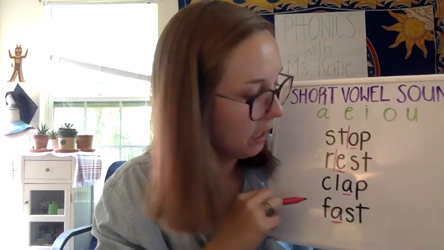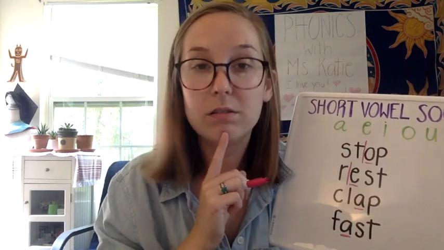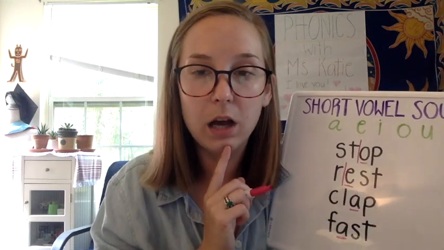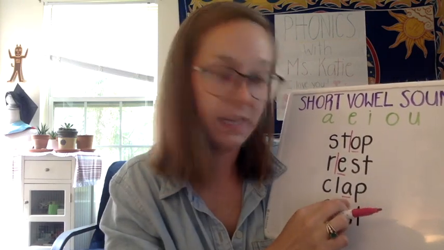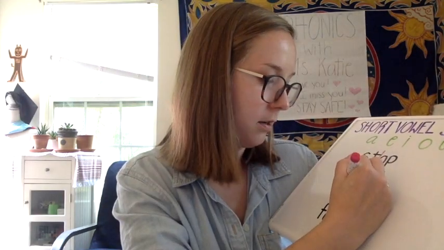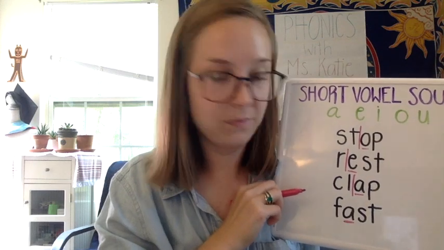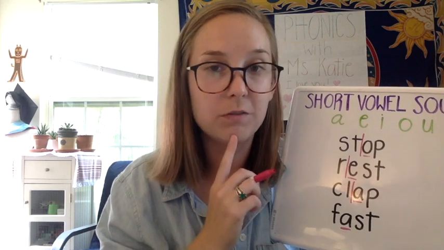Okay? And then down here, clap. We have two letters together that are making the cl. So cl is going to be our onset. And we are going to break it again right before that short vowel sound, okay? So it's going to be cl/ap, just like that. And then our last one down here is fast, and we have f as our onset.